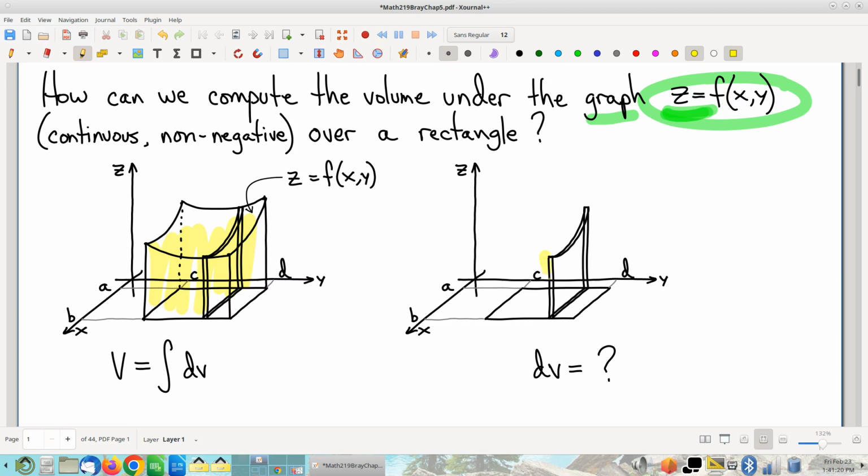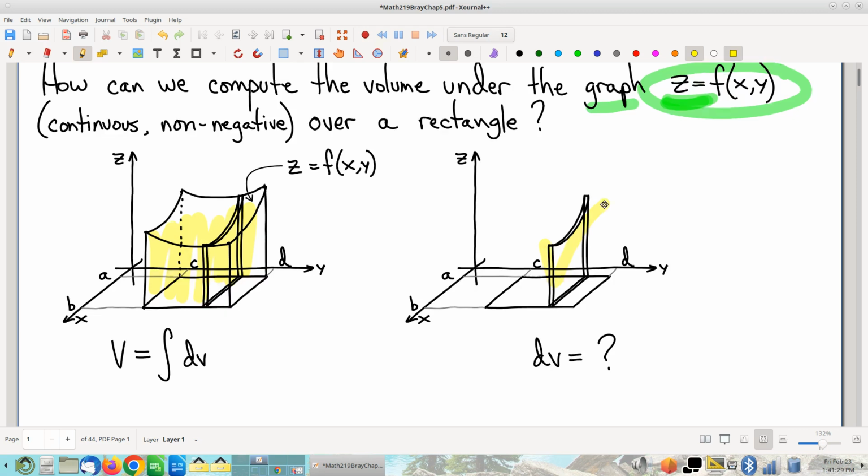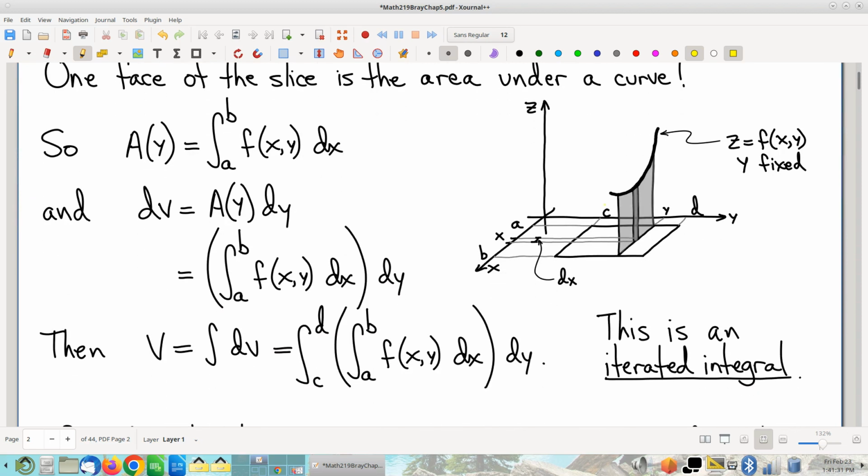The question was how to compute the volume of each individual slice, the sticking point of which was how do I find that cross-sectional area? And what we argued last time was that cross-sectional area itself is another single variable integral, where we're going in the x direction.